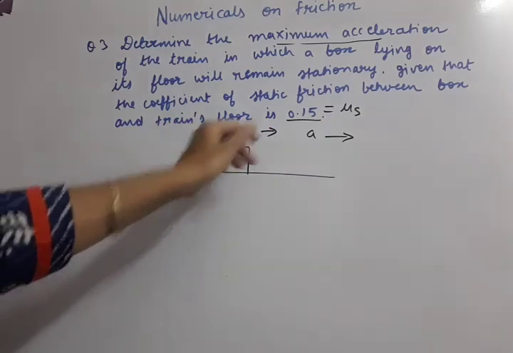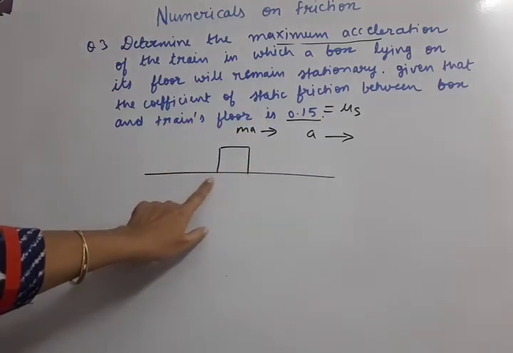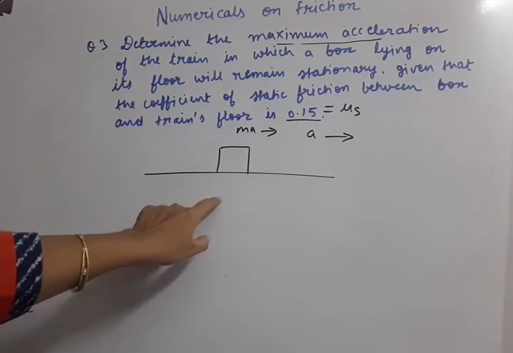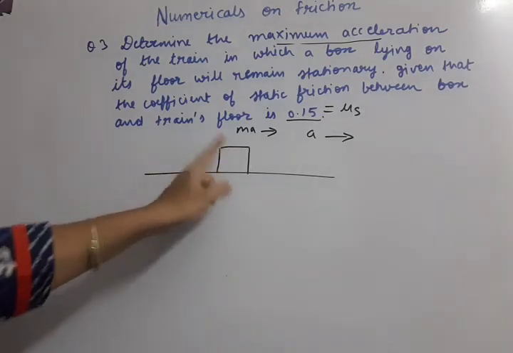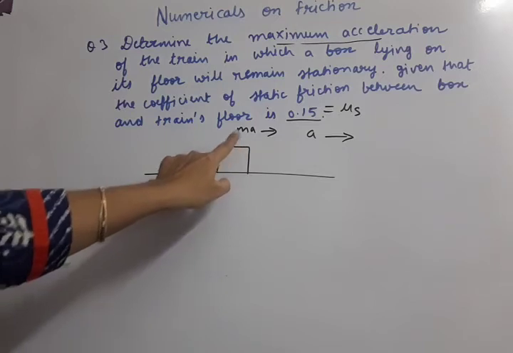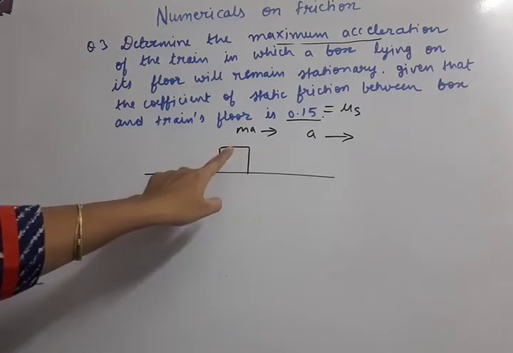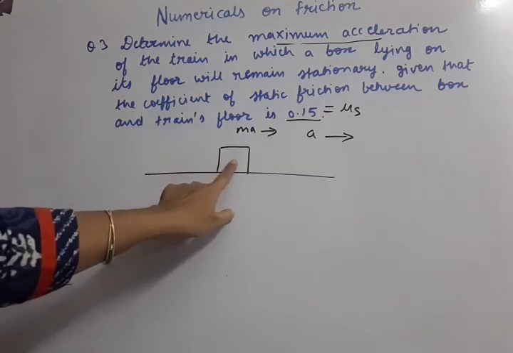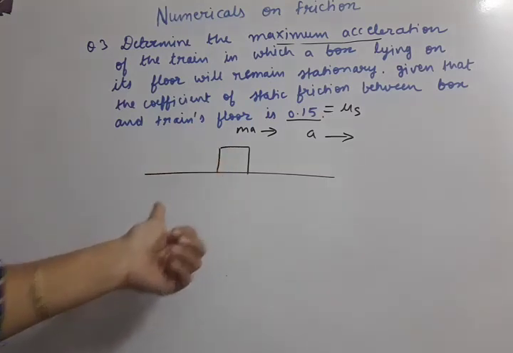But this box is not leaving the train's floor. Why? Because it is not compulsory that by applying a force the object moves, because force of friction opposes the motion.